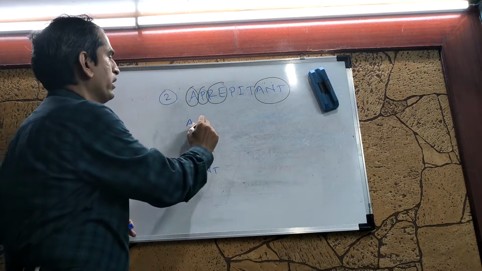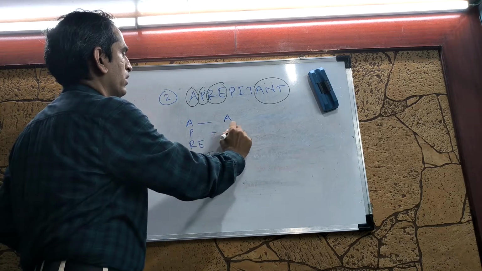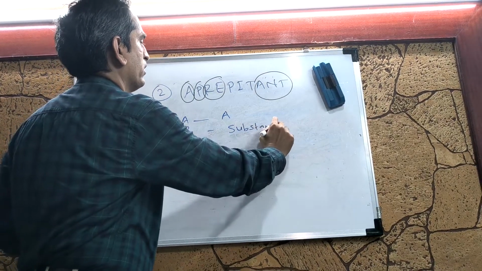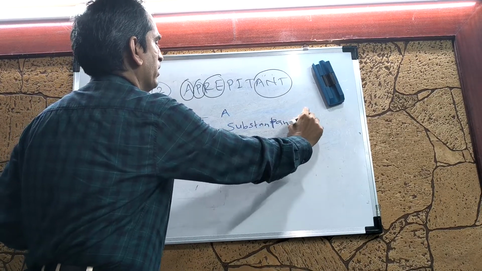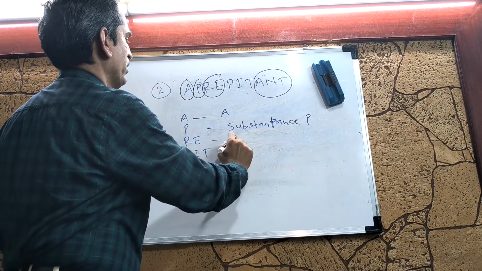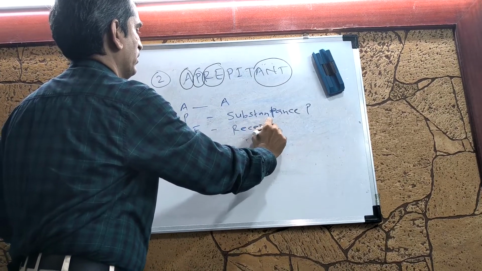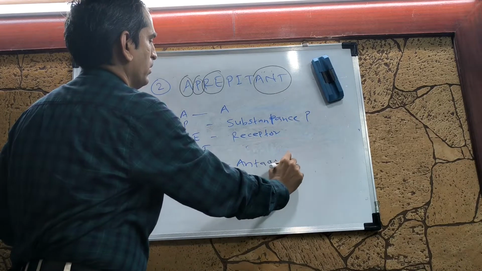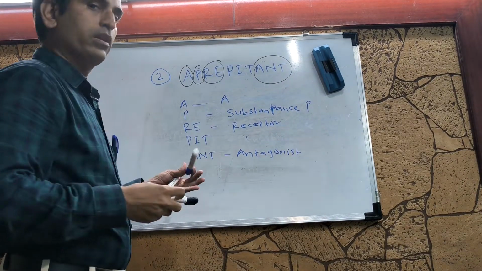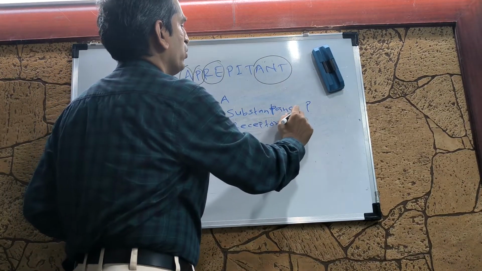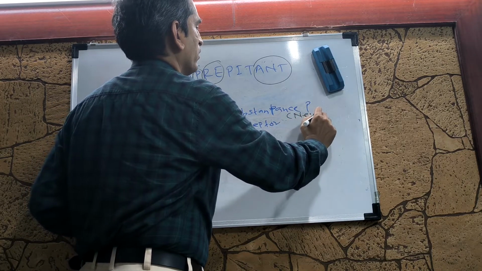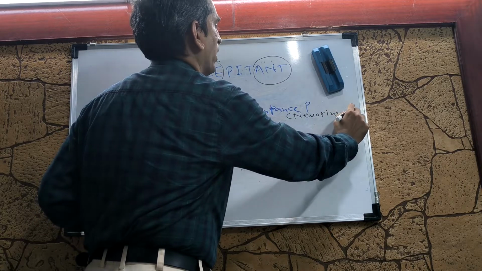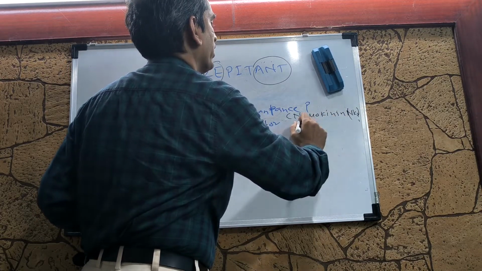So aprepitant is a substance P receptor antagonist. Substance P is also known as neurokinin NK1.